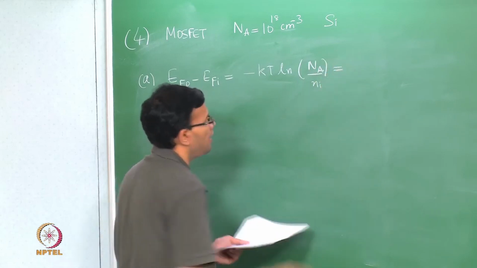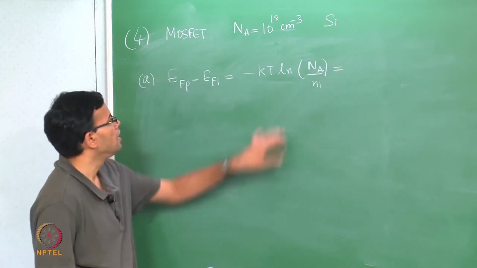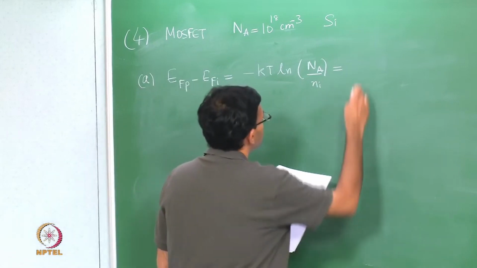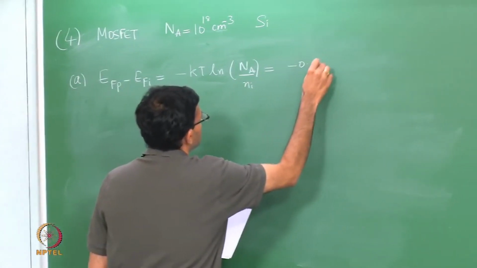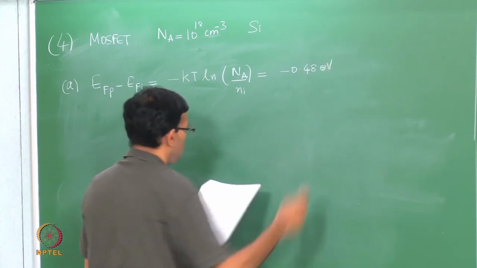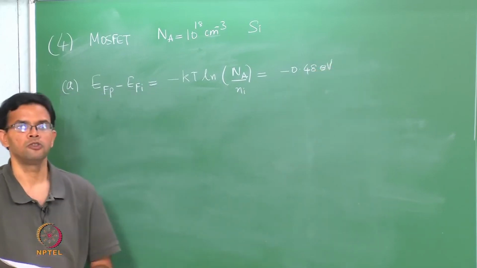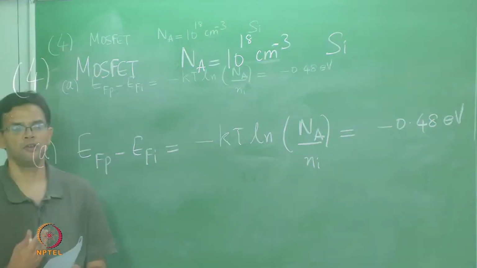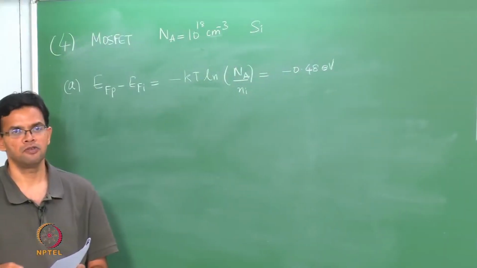So, for silicon Ni is 10 to the 10, Na is known. So, that E_F minus E_i is essentially minus 0.48 electron volts. So, the Fermi level is located 0.48 volts below the intrinsic Fermi level.